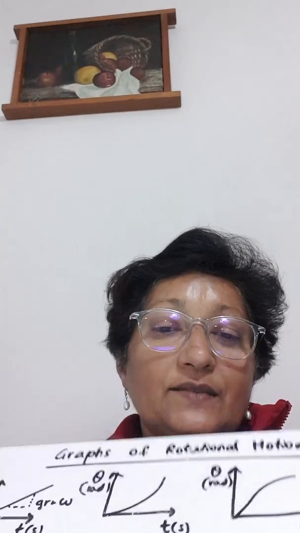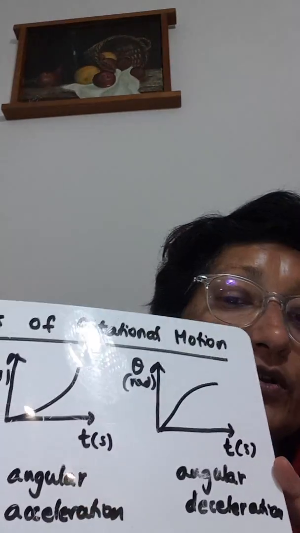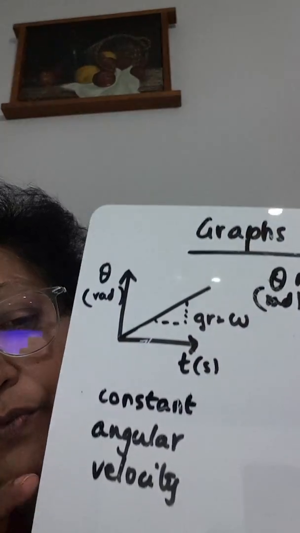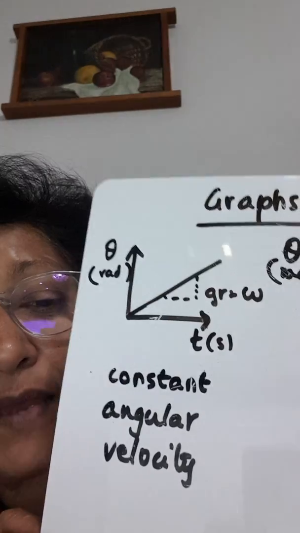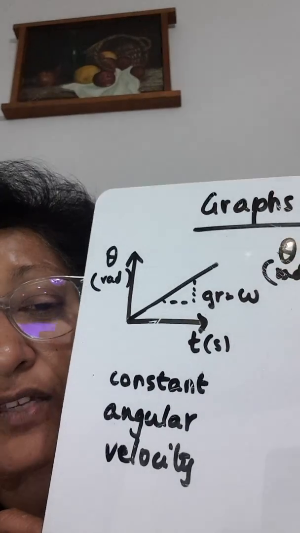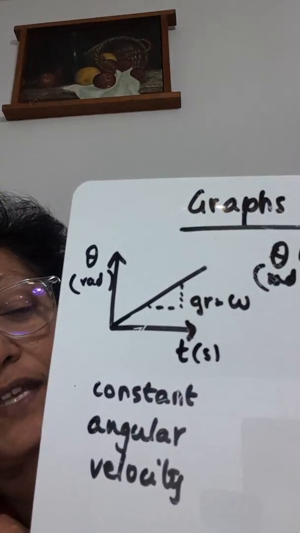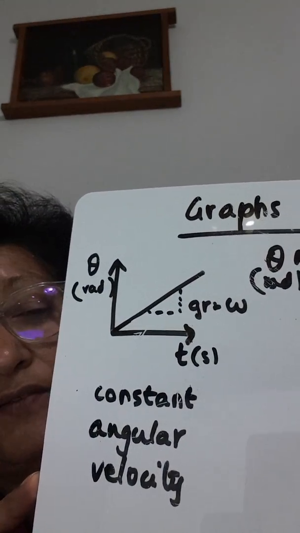Similarly, it is possible to draw graphs for rotational motion. So you could have angular displacement-time graphs, or angular velocity-time graphs. This angular displacement-time graph shows constant angular velocity. The line is straight. The gradient gives us this constant angular velocity.